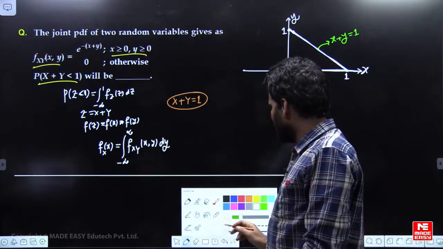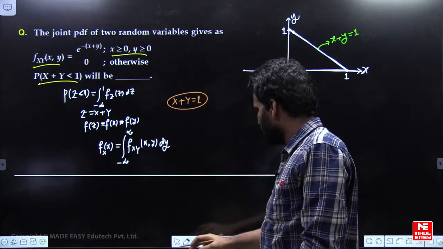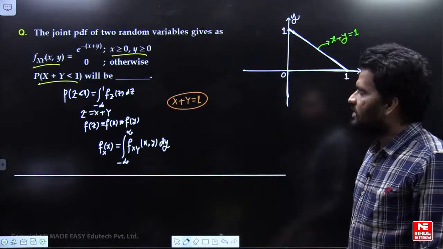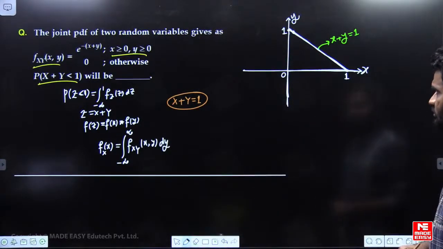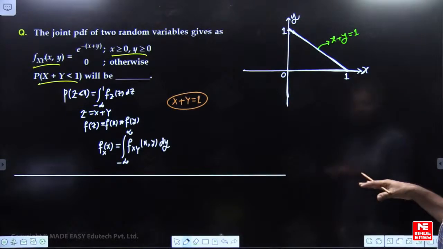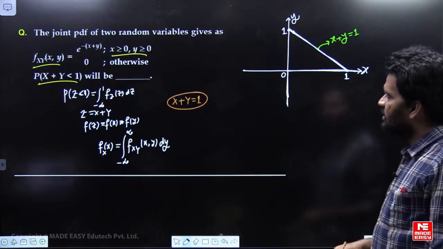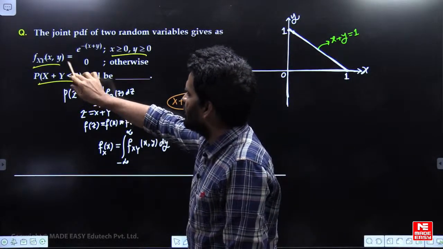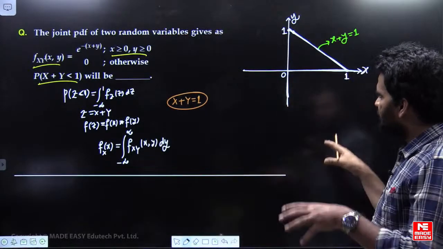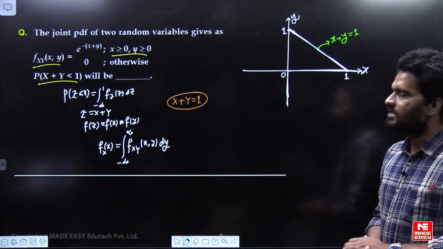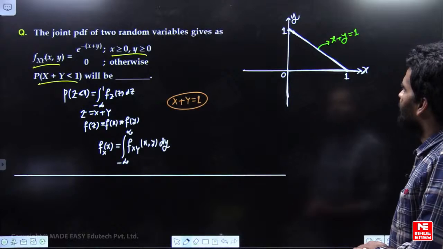Now x plus y less than 1 we have to find out. Now you have to see what is the region of x plus y less than 1. In which region will you get the value of x plus y less than 1?